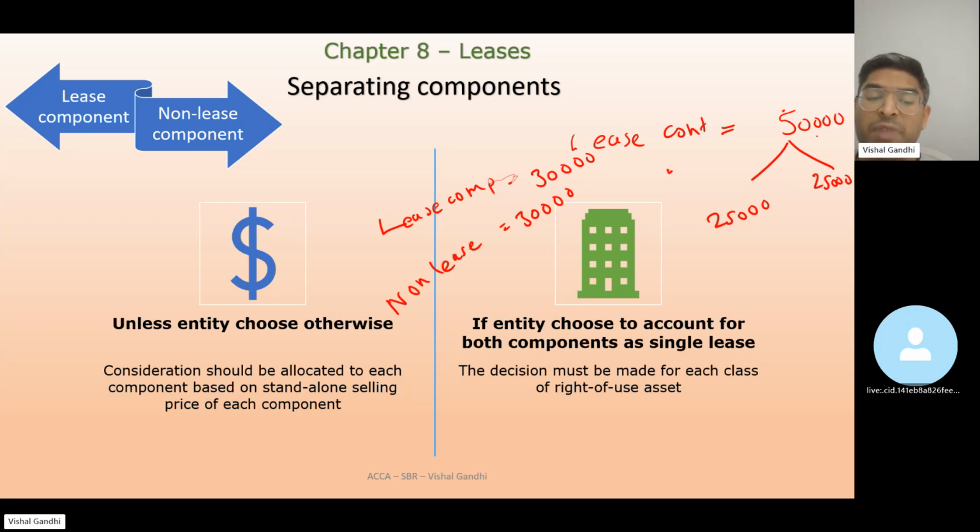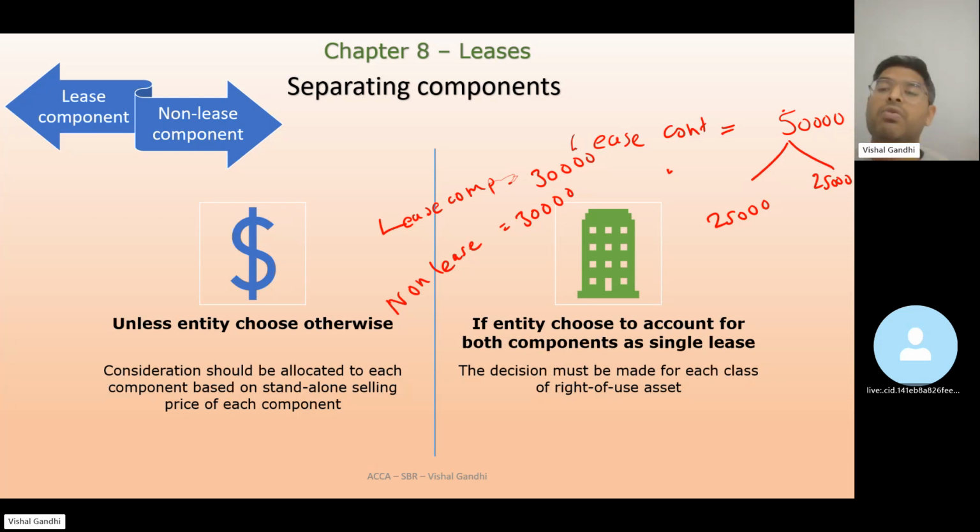So what is the standalone selling price? If this lease component is sold separately to someone, what would be the price of that lease component? And if this non-lease component is sold separately to someone, what will be the price of that non-lease component?